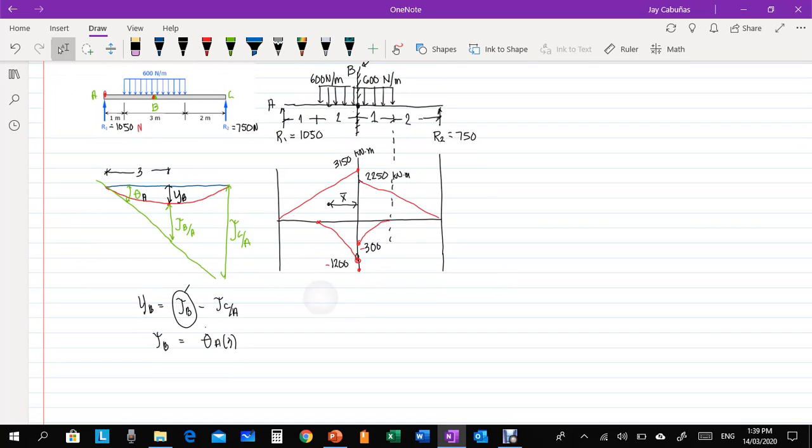So our height here is this height. This is the deviation of B.